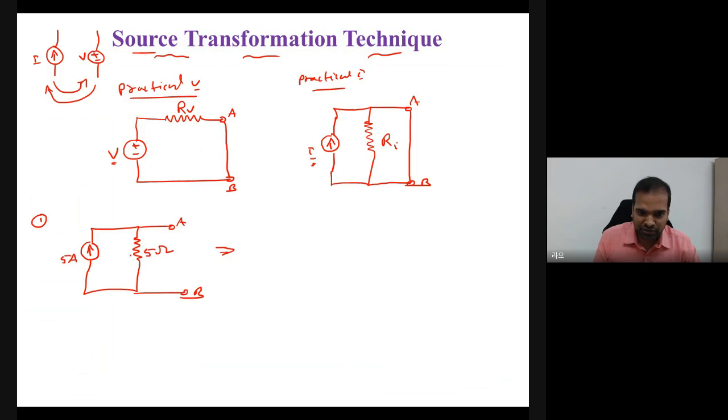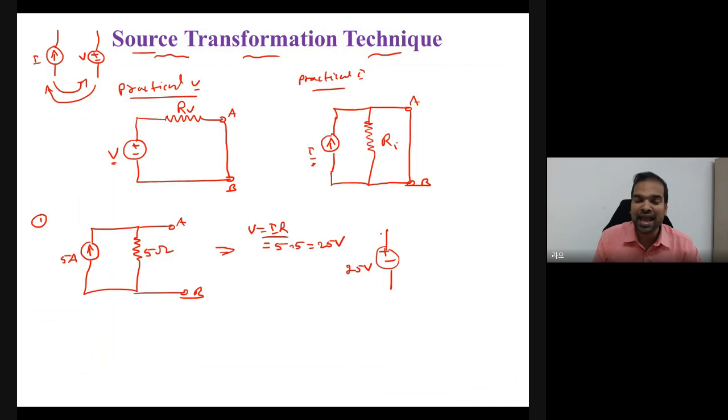Now, if I convert to a voltage source, I should know the voltage value, right? As per Ohm's law, V equals IR. The current source value is 5 and the resistance is 5. Therefore, you will get 25 volts. So the voltage source value is 25 volts.